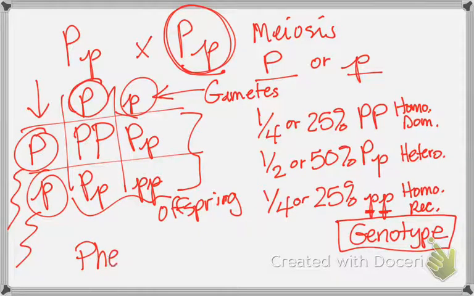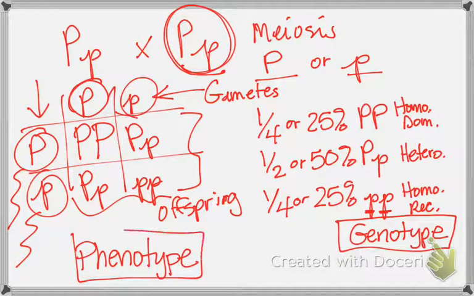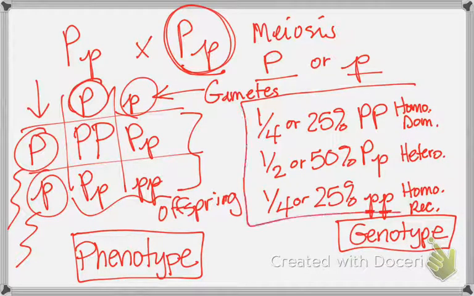It is the phenotype that tells you what you're going to see. And so if I look at this data here, what am I going to see when I cross these types of flowers? Well, what is big P going to look like?